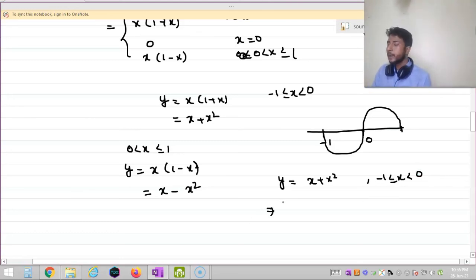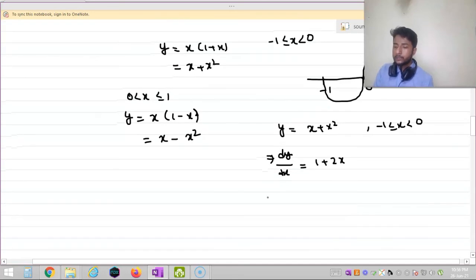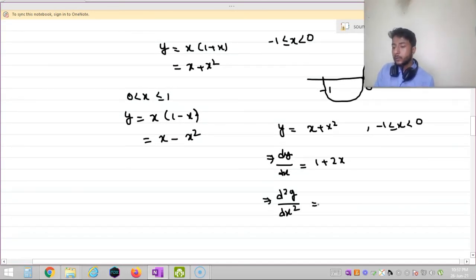So dy by dx is equal to 1 plus 2x, and d2y by dx2 is equal to 2. Now putting dy by dx equal to 0, 1 plus 2x is equal to 0, so the value of x is equal to minus half.